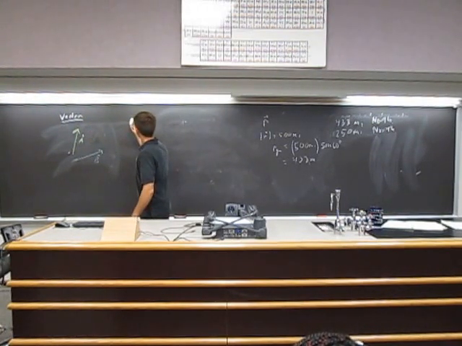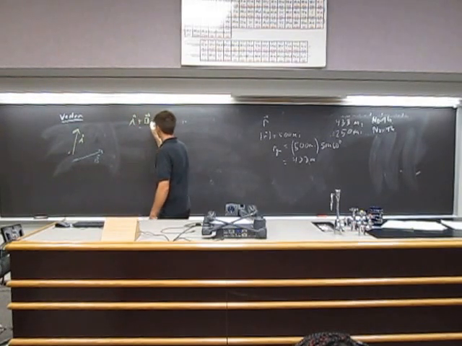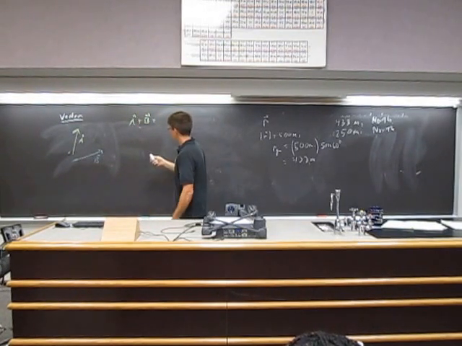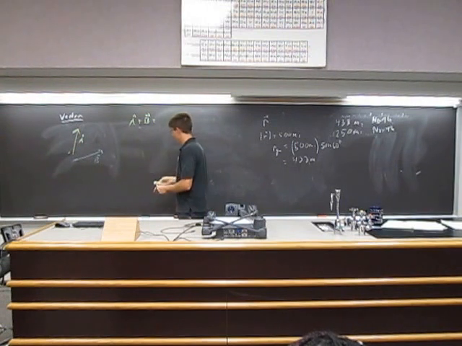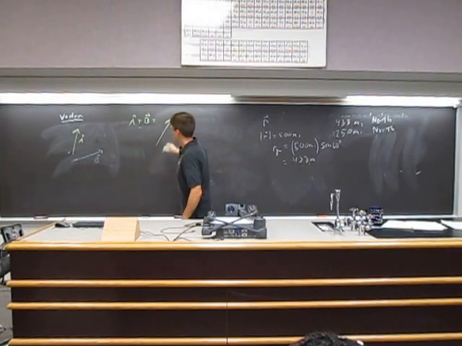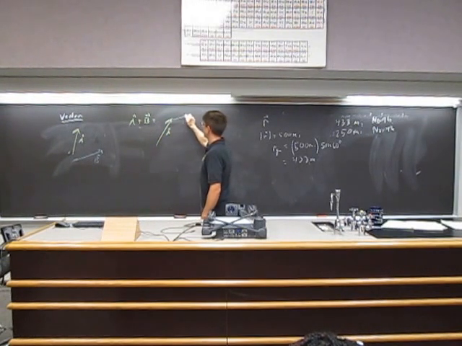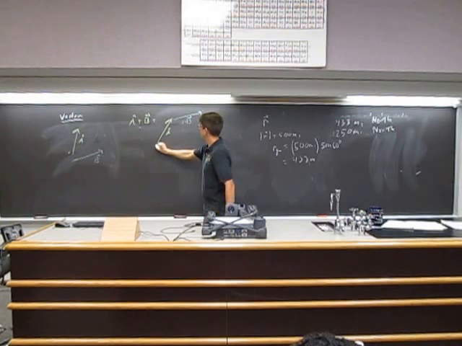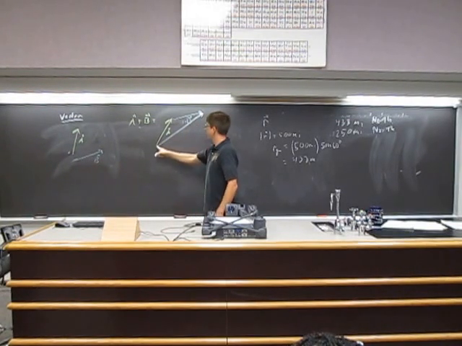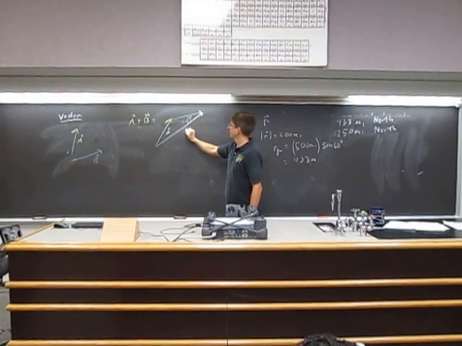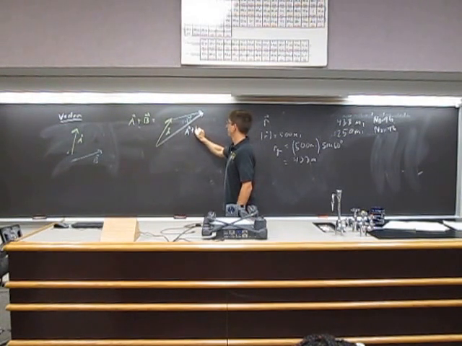I'm going to say A plus B vector is going to be graphically represented as A going upwards like this, and then B with the tail of it placed on the head of A, and then this thing here from the tail of the first to the head of the second is A plus B.